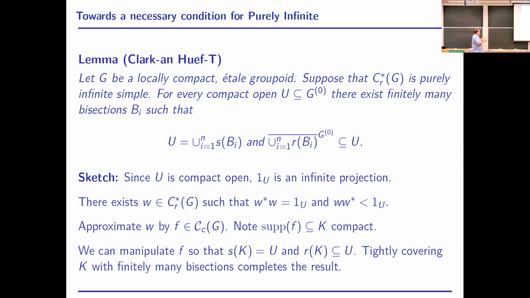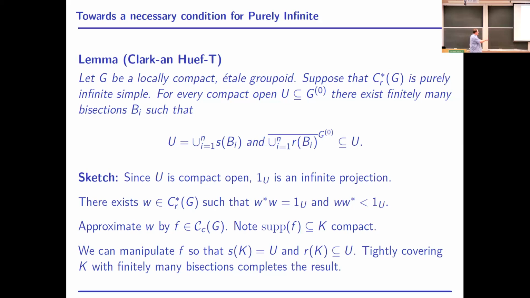And if we approximate W by something F in this compactly supported curly C, then you have the support of F is contained in some compact subset K. We can manipulate F or choose it so that the source of K is equal to U and the range of K is contained in U, and then a tight covering of K with finitely many bisections completes the result.